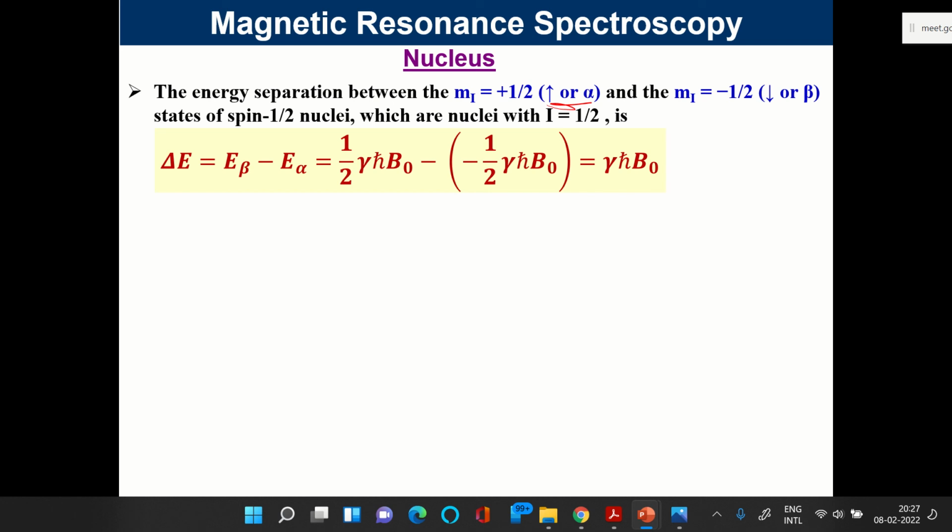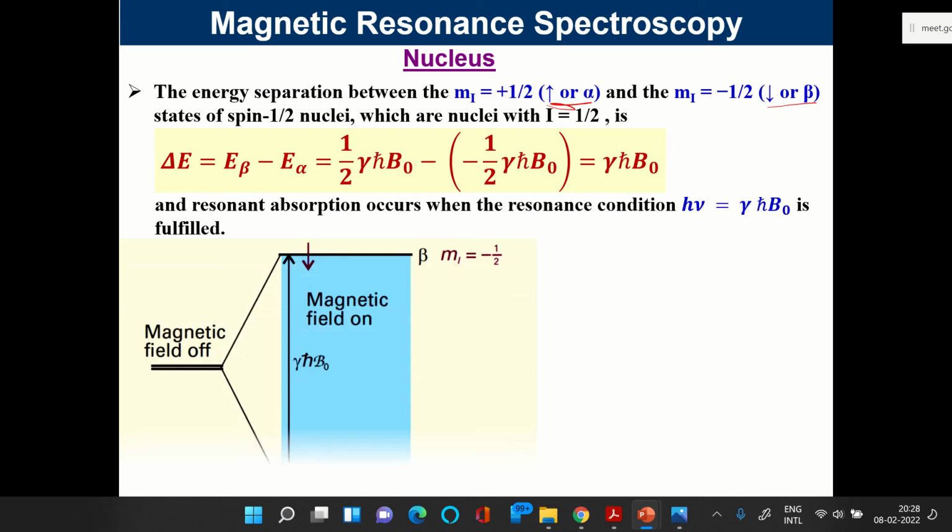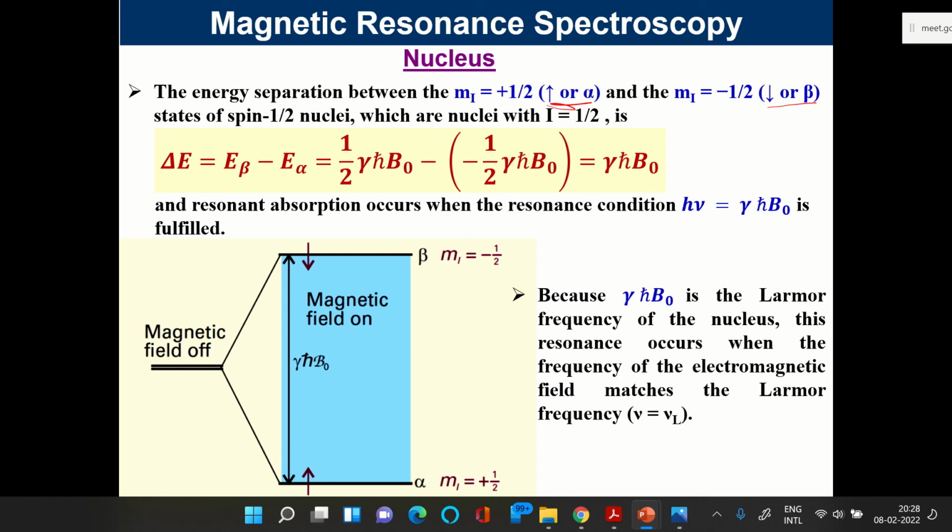When it is plus half spin up, the magnetic moment is also pointing up, and that is aligned. So alpha is lower in energy and beta is higher in energy. So the transition will be from alpha to beta in the case of a nucleus, or simply said a proton.